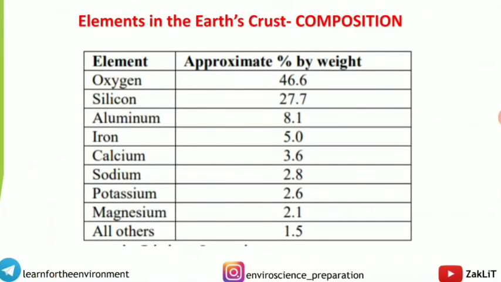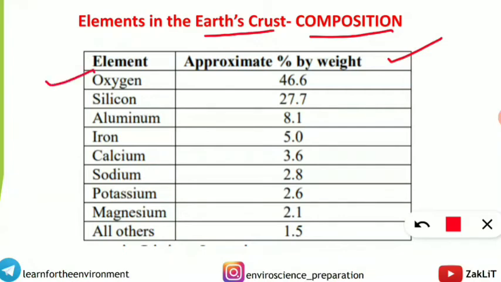Next, as we have discussed the Earth's crust, mantle and core discontinuities, let's know about their composition. Yes, this question is also very frequently asked. First, starting with the Earth's crust composition, approximate percentage by weight. Number 1 is oxygen. Second is silicon. Third is aluminium. Fourth, iron. Fifth, calcium. Sixth, sodium. Seventh, potassium.